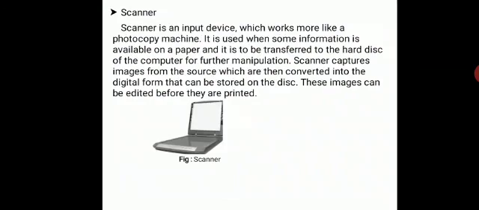It is used when some information is available on paper and it is to be transferred to the hard disk of a computer for further manipulations. Scanner captures images from the source which are then converted into digital form that can be stored on the disk. These images can be edited before they are printed.